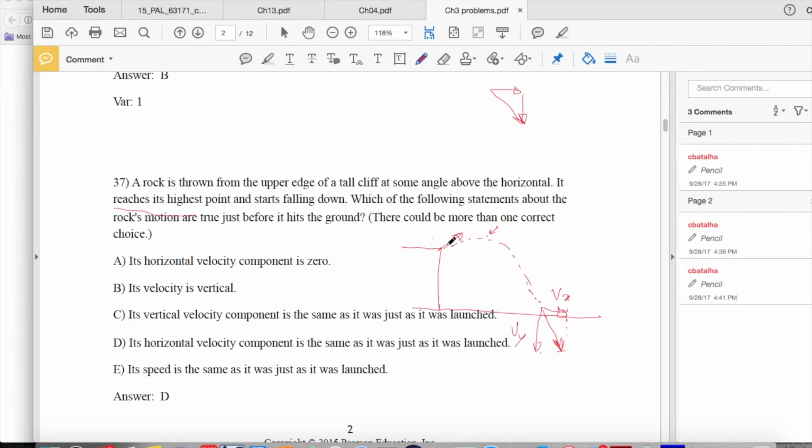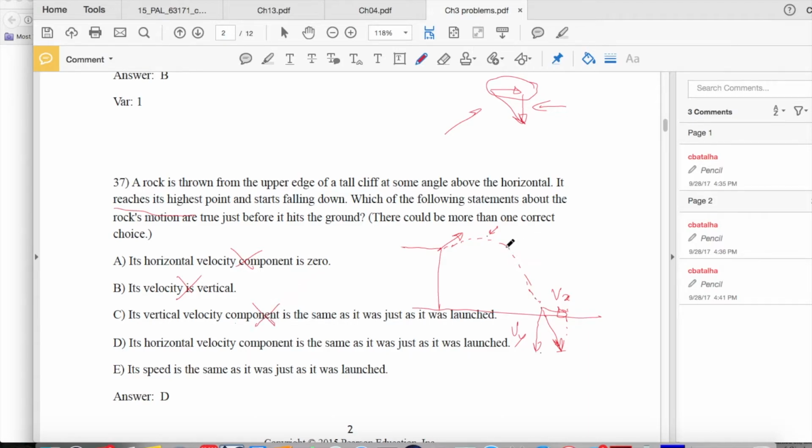As we saw in the projectile motion exercise in class today, the horizontal velocity projection is always the same, doesn't change. And in this case, it is not zero. So the velocity is not vertical either. It has two components. One is vertical and one is horizontal. Its vertical velocity component is the same as it was just as it was launched.